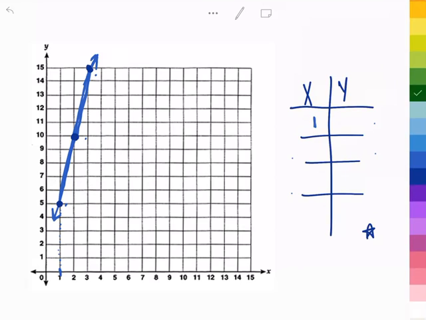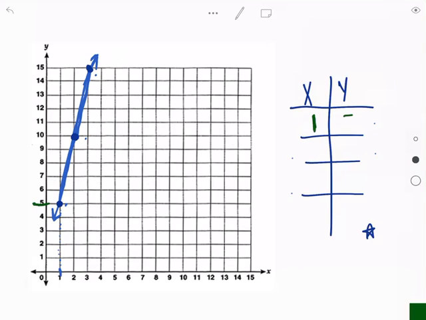Let's use a different color. We're going to use 1 for the first set of data points. So when x is 1, y is 5, and that's where the 2 points meet. So when you have your ordered pair, it looks like this. Okay, so this point is 1 and 5, and this is going to be your answer.